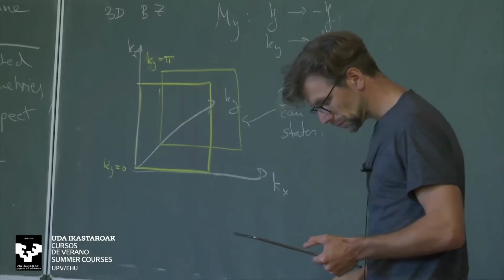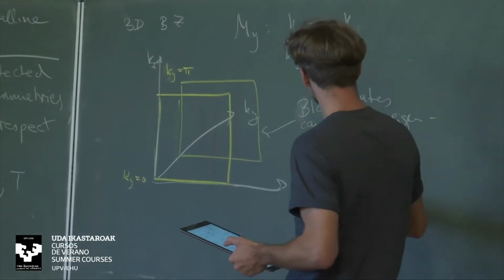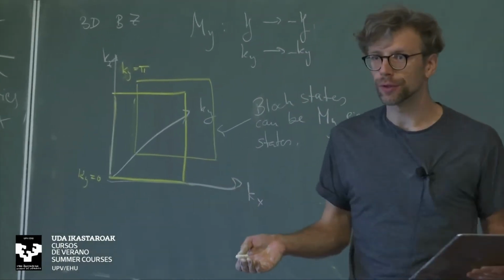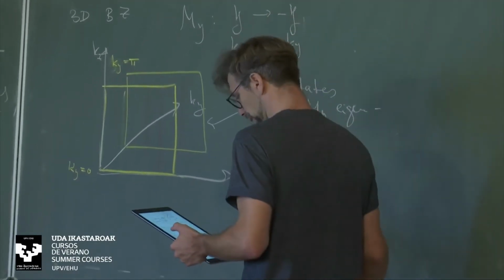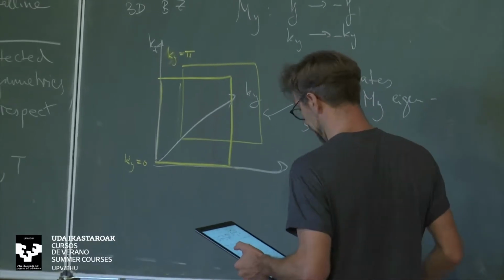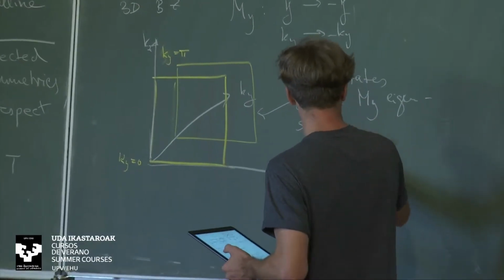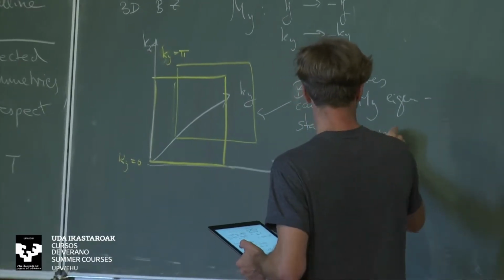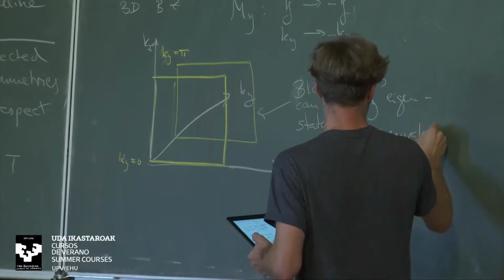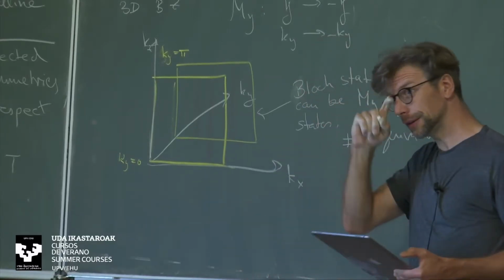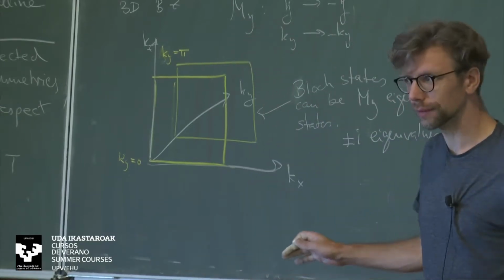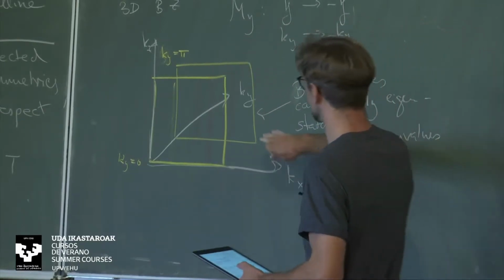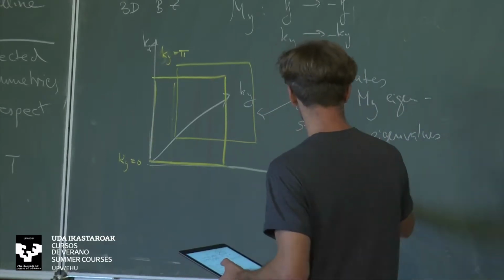Okay. So of course, let's say we have a spinful system, M_y squares to minus 1. So it should have eigenvalues plus or minus i. So it has two eigenspaces. And let's say then we separate the Bloch wave functions of the occupied bands on these planes into these two eigenspaces.